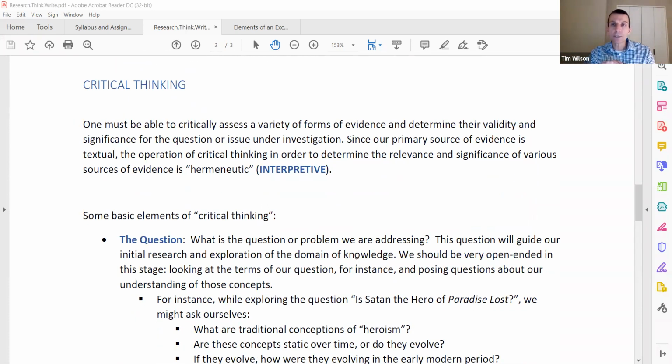Any questions on the research, what we've talked about so far? So research, think, write. We talked some quick tips about the research. Have people been using the library for their other courses? Are they feeling fairly comfortable with how they're going to be able to find sources there? Jerry?